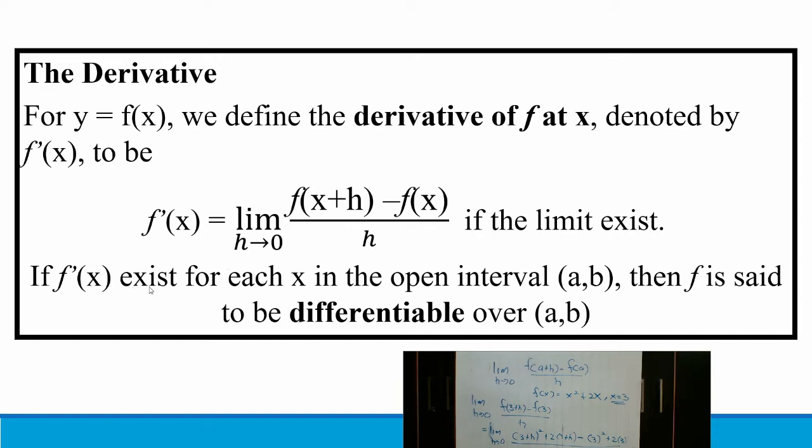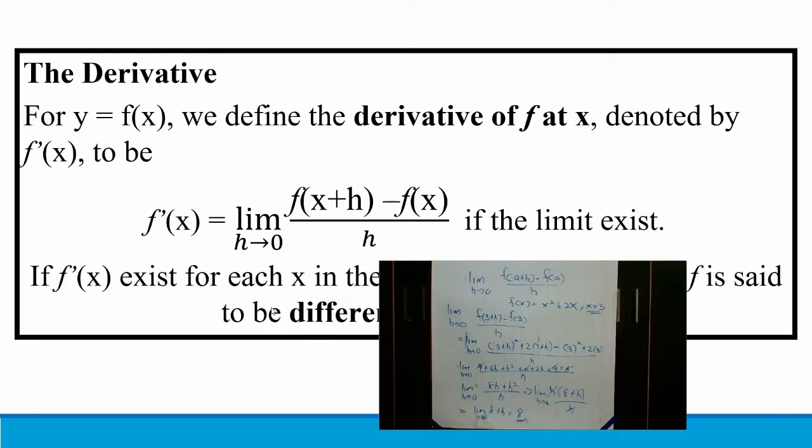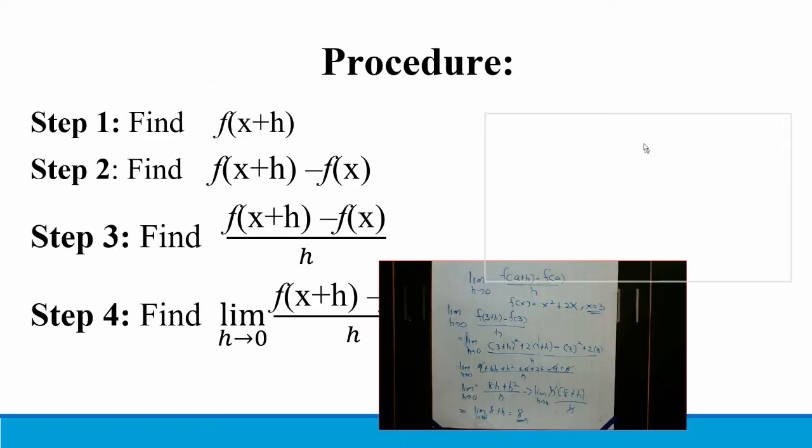If f prime exists for each x in the open interval (a, b), then f is said to be differentiable over (a, b). There are 4 steps for using this. To make sure you do not get confused about how to solve it, the 4th step is the one you need to remember.